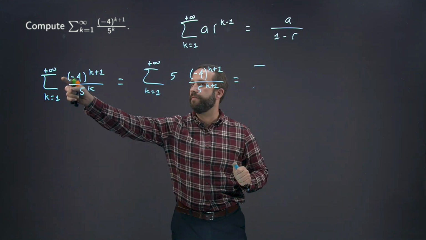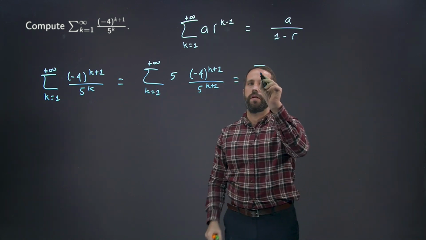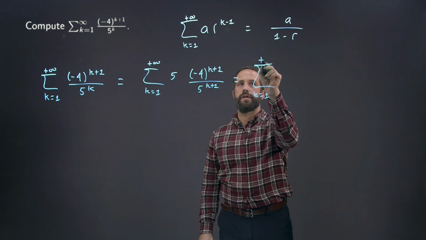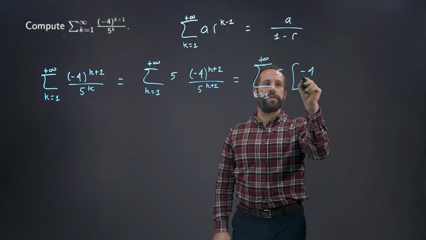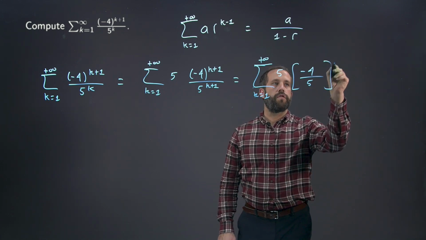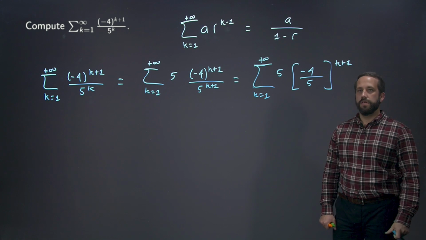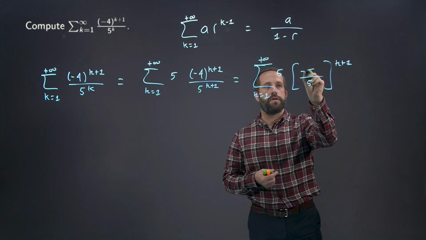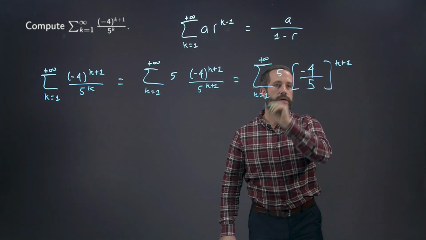See, I multiplied by 5 here and then divided the numerator. The k went from k to k plus 1. So this is going to be k equals 1 to infinity 5, and it's going to be minus 4 over 5 to the power of k plus 1. Sorry, this looks less like a 4 than I want it to look. Same thing for this 5.